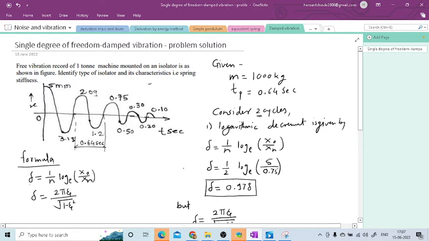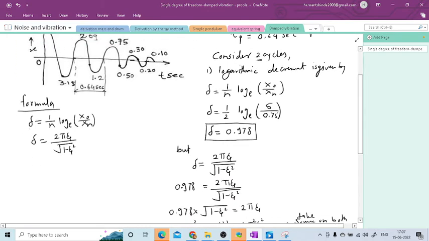So we'll have to determine the spring constant K and damper constant C, the damping coefficient and the spring constant. Now how to determine this? We have the value of zeta, but the formula for zeta is nothing but C by Cc.